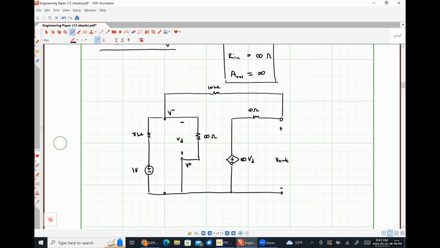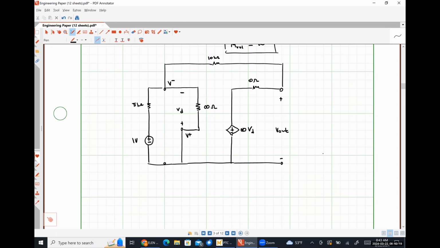All right, so we're going to look at this in a slightly different order than we did when we had finite valued resistors for everything, okay? So what I mean by that specifically is looking at this circuit, we should very easily be able to see that our output voltage is just infinity times our differential voltage, whatever our differential voltage happens to be, right?